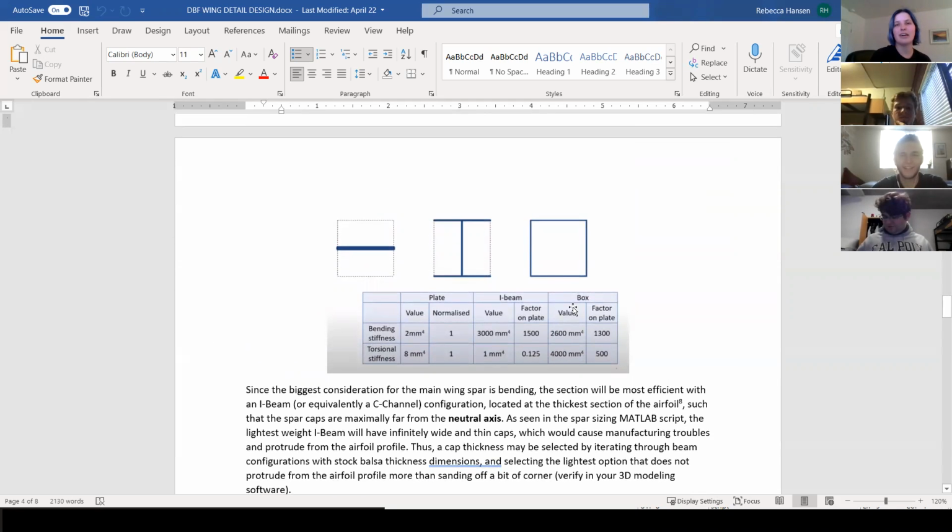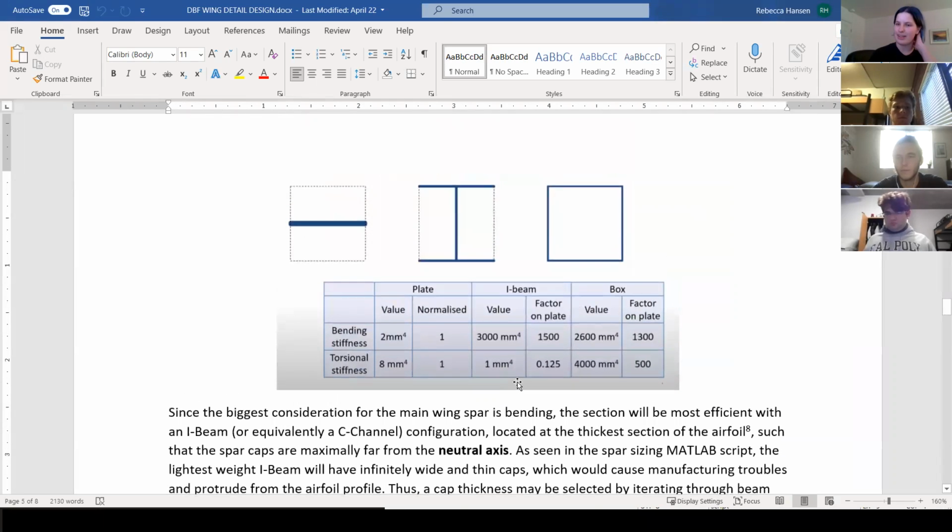Yeah, a lot of the structures position is your CE 204 and 207. But anyhow, from CE 204 and 207, those kind of equations, you can calculate things like bending stiffness, torsional stiffness. So what you find is that the plate is garbage.